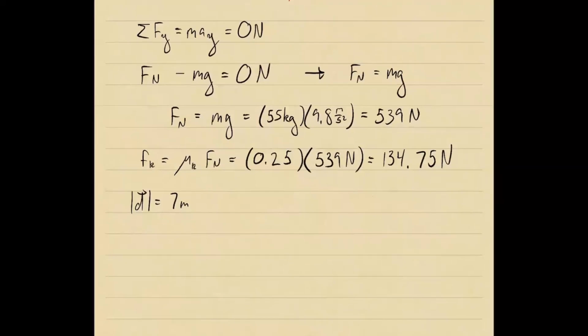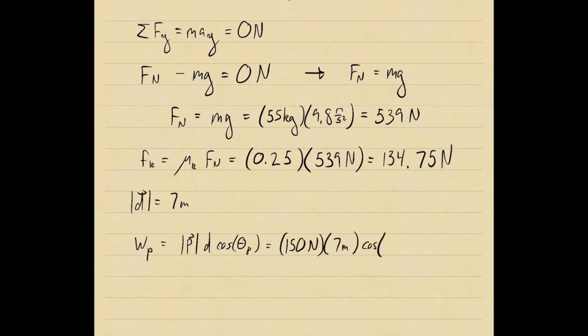So let's calculate the work done by all of these. The work done by this pushing force P is equal to the magnitude of the force times the magnitude of our displacement times cosine of the angle in between them. Right? But the magnitude of the pushing force is 150 newtons. Our displacement is 7 meters.